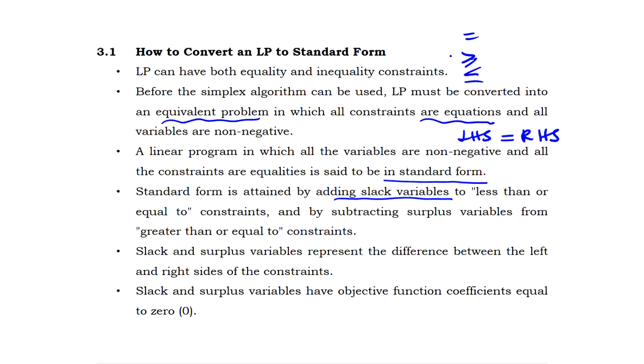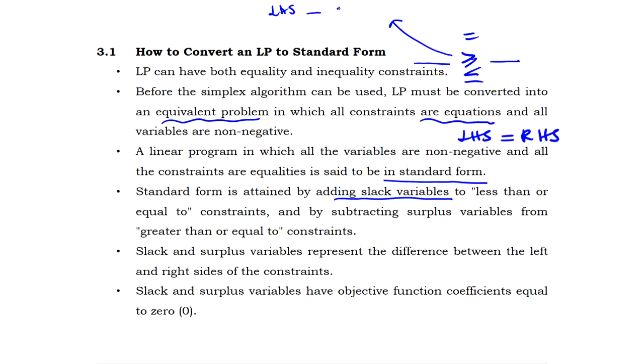So for this case, for example, this one is greater than or equal to, so the left hand side is greater than the right hand side, right? Therefore, we need to subtract the excess or surplus from whatever we have on the left hand side.